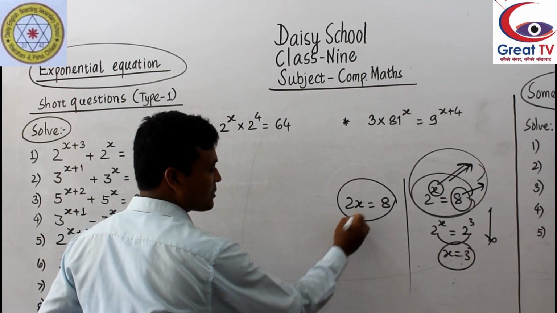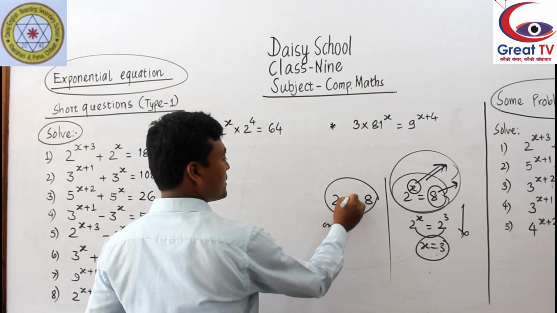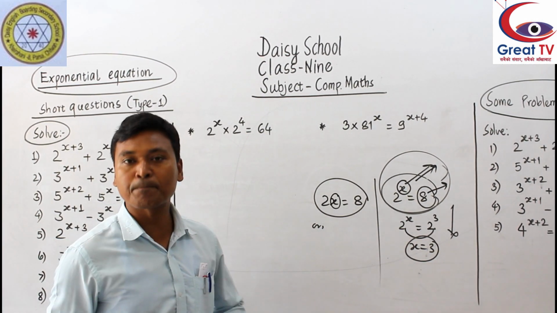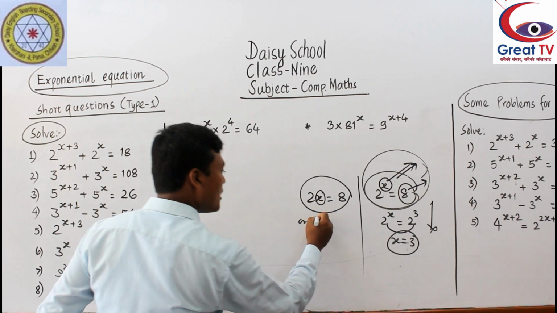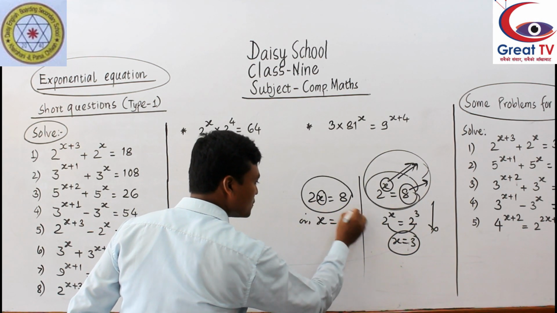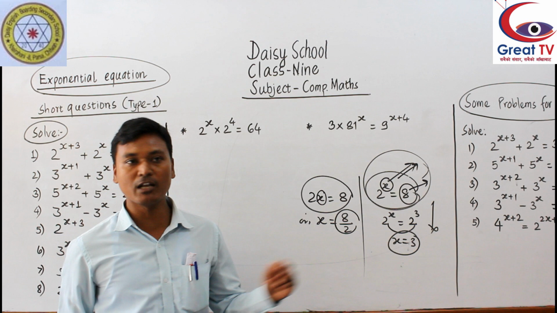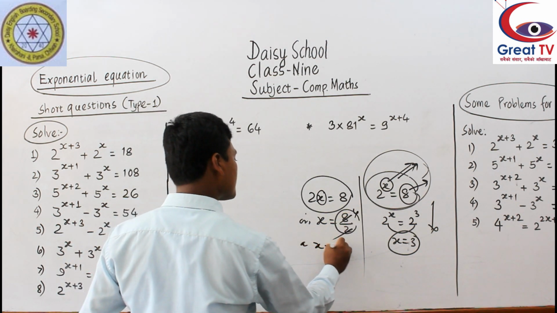But if we have this condition, you know very well how to solve this type of linear equation. Here x does not represent power. x does not represent the index. So to get the value of x, we go x equals 8 divided by 2. This concept you know very well. You have already read it: 2 times 4 is 8, so x equals 4.